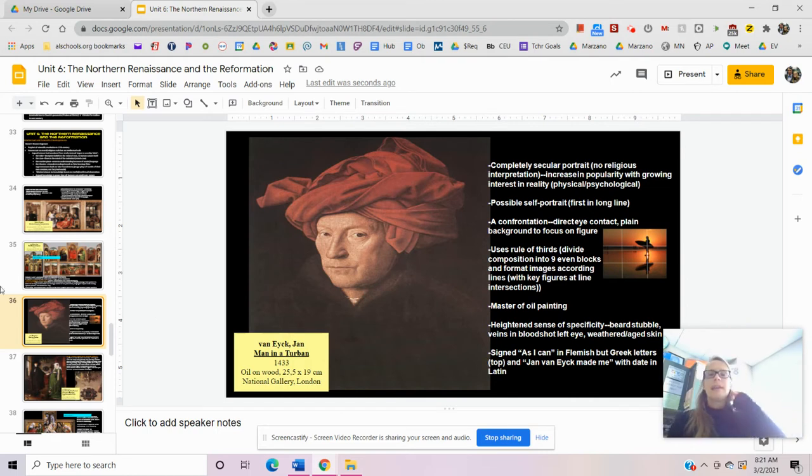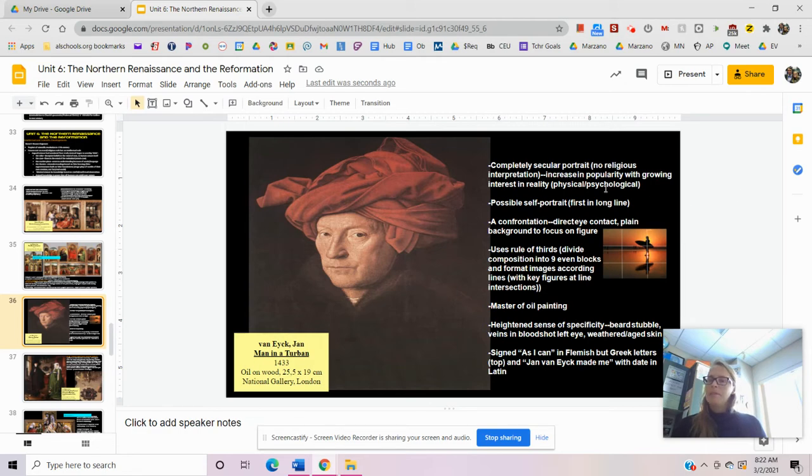So here you can see this is pretty nice in terms of capturing realism, especially if you look at the drapery on the turban, the nose. If you could get a closer look, you'd see his wrinkles better. You'd see a bunch of stubbly hair. So a really good painter when it comes to attention to detail and close up.